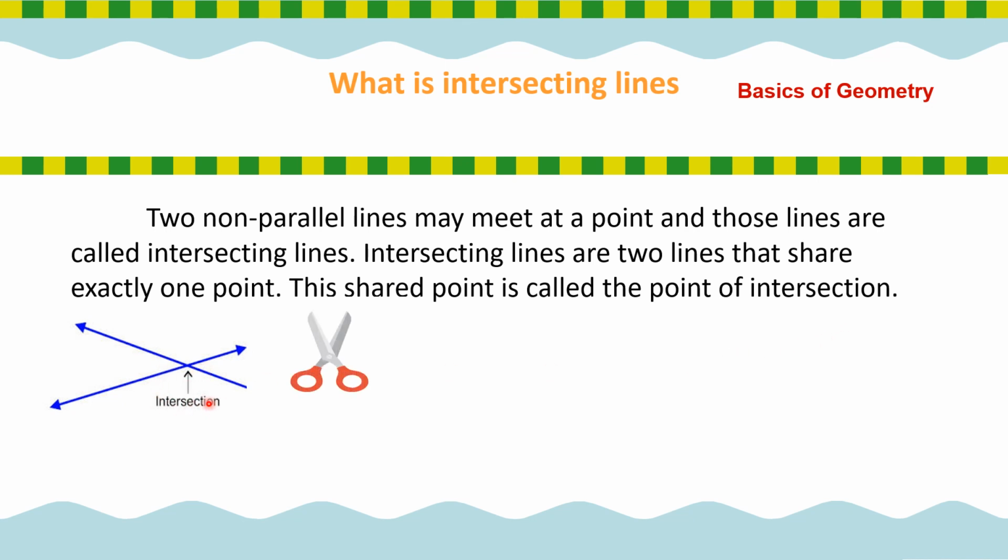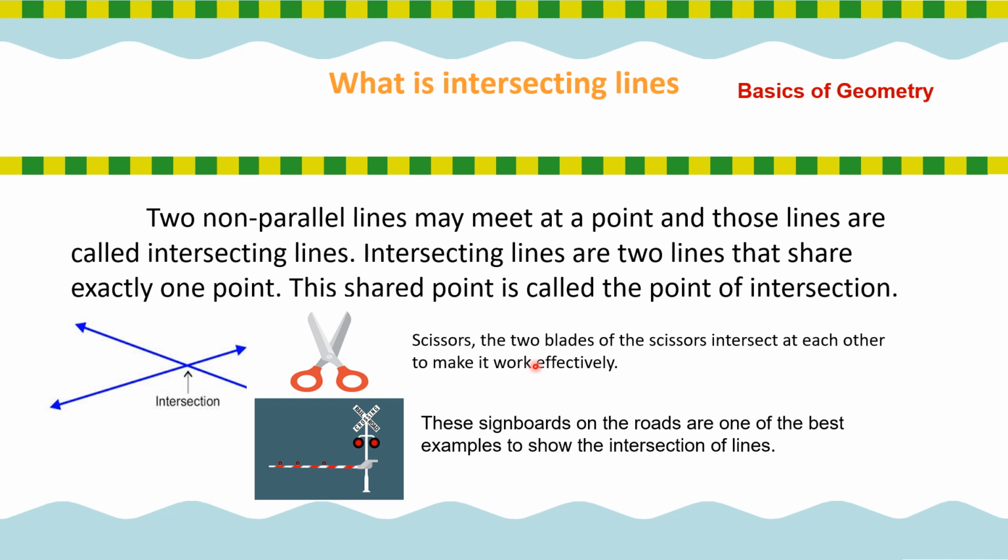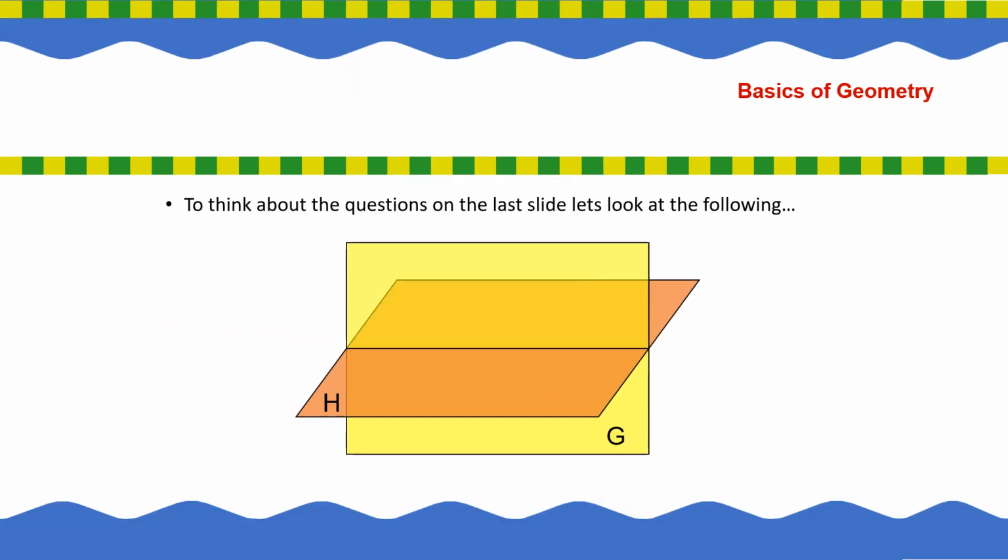So we have here the point of intersection, and then we have it in the scissors. The two blades of scissors intersect each other to make it work effectively. These signboards on the roads are one of the best examples to show the intersections of lines.